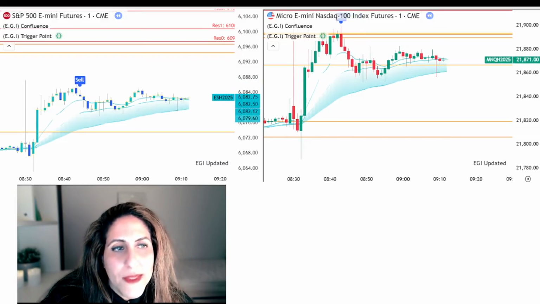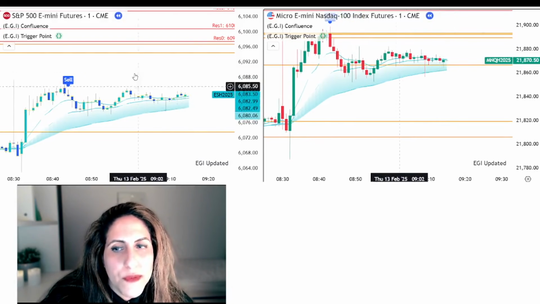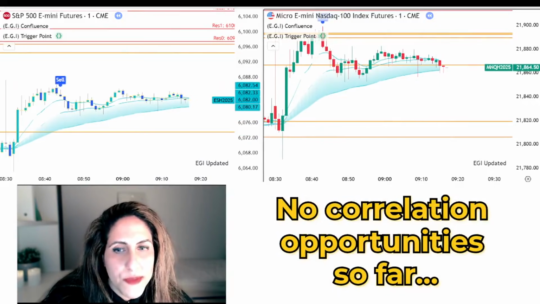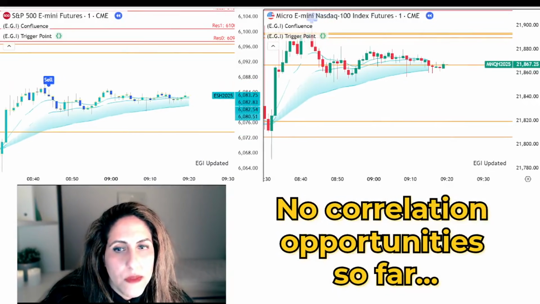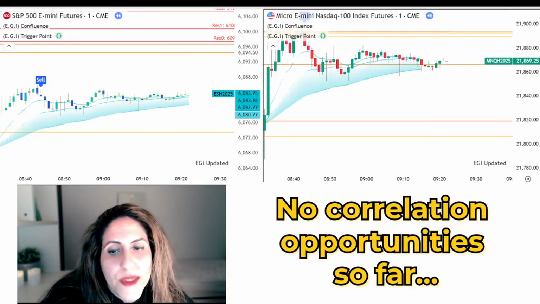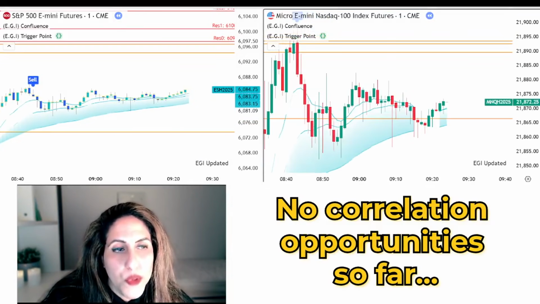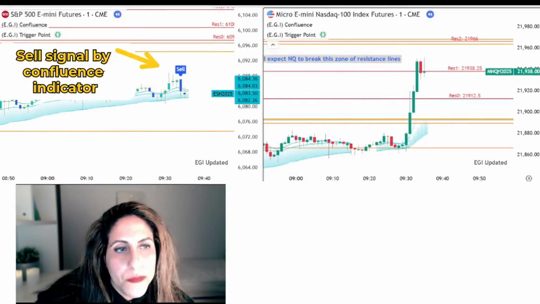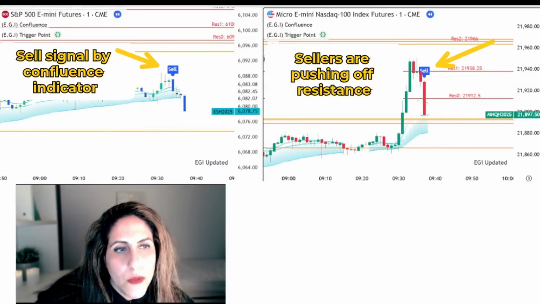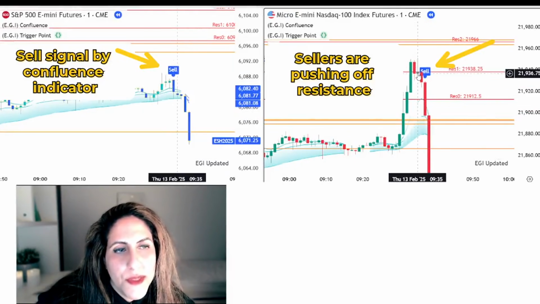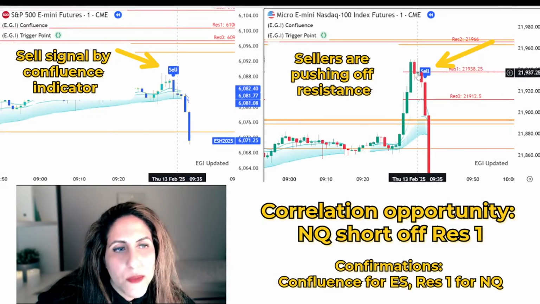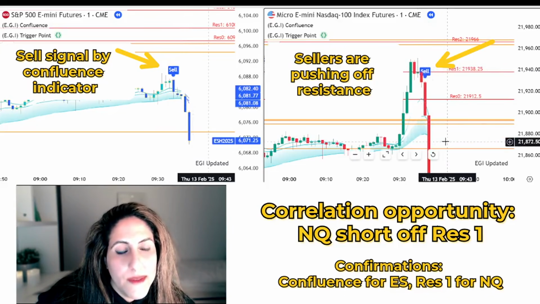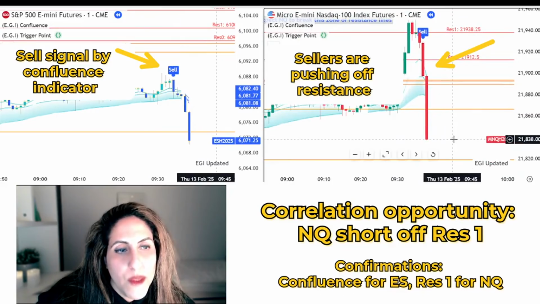So we identify strong reaction of the markets to our trigger points. At this point, there are many trigger points for NQ, but very few lines for ES, making it harder to identify correlation-based opportunities. Okay, so by reading the price action here, we can see the sellers are pushing off res 0, indicating that the market is about to go to the downside.